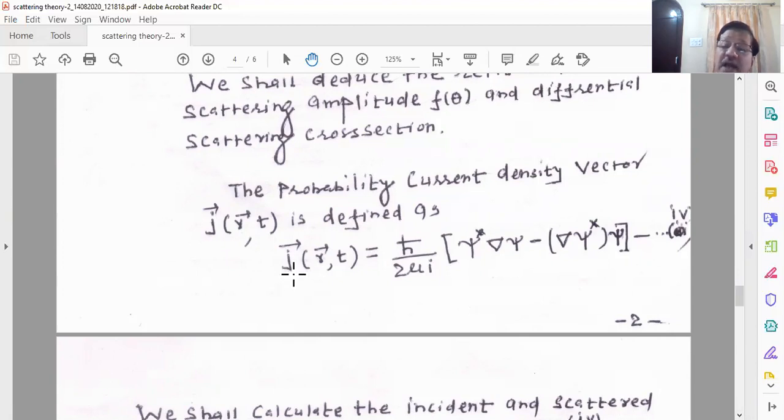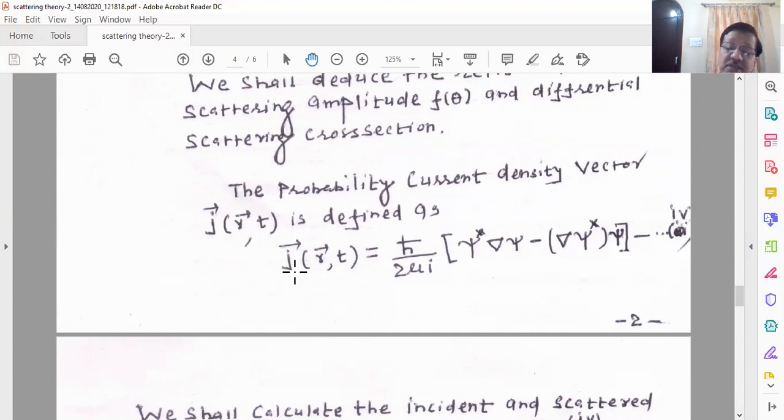Similarly, you will have the current density vector because of the scattered particles, so I will put the subscript s, for scattered. The subscript s represents the probability current density vector because of the spherically diverging beam.